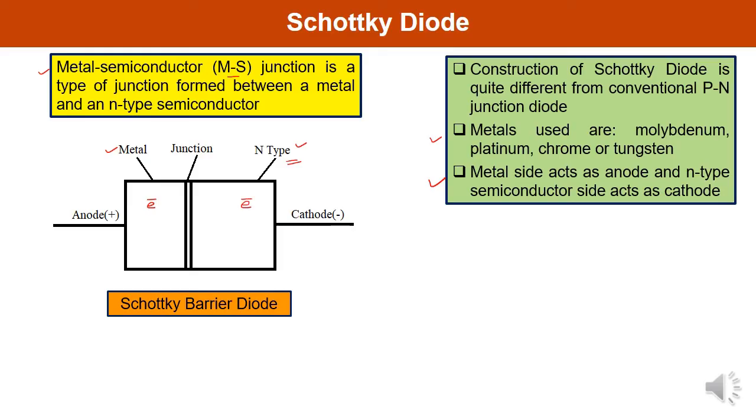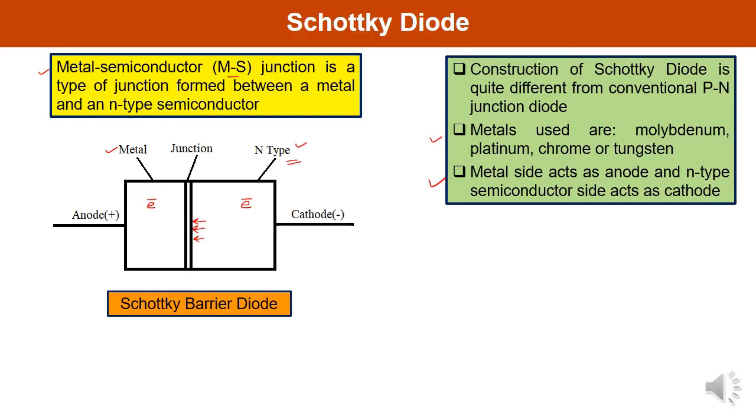In the metal, the level of minority carriers, that is holes, is not significant. But when the metal is joined with the N-type semiconductor, then electrons in N-type material will immediately flow into the adjoining metal.